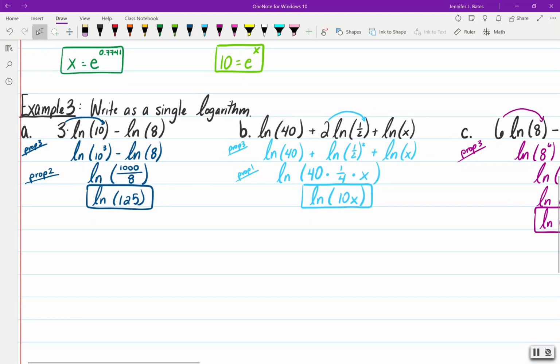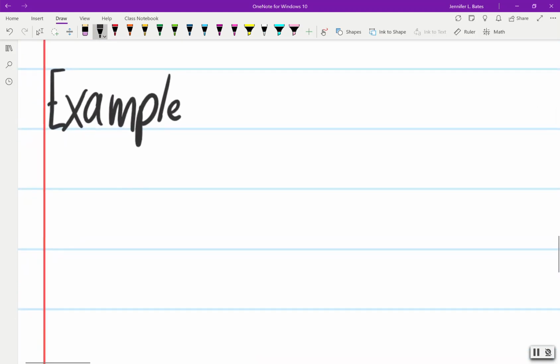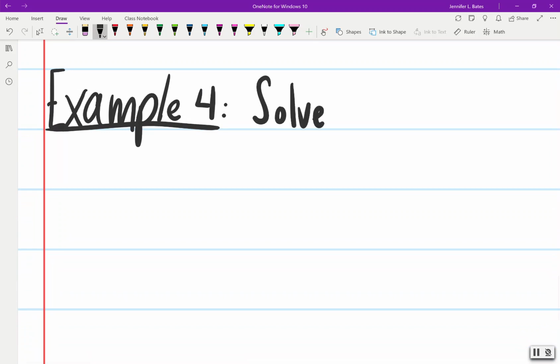So let's come back over to the left side of our page. We'll call this example 4. Example 4 says to solve.